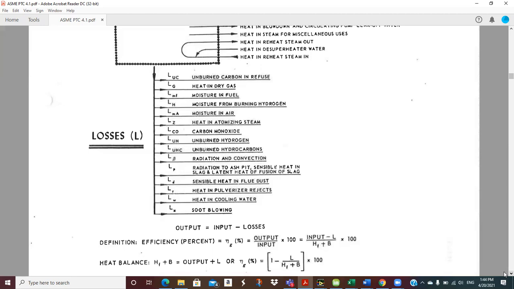Well, any unburned fuel would obviously be a loss. So unburned hydrogen that makes it through the system up the stack, unburned hydrocarbons, certainly, just like the unburned carbon in the refuse. Radiation and convection is from the outside shell of the boiler.